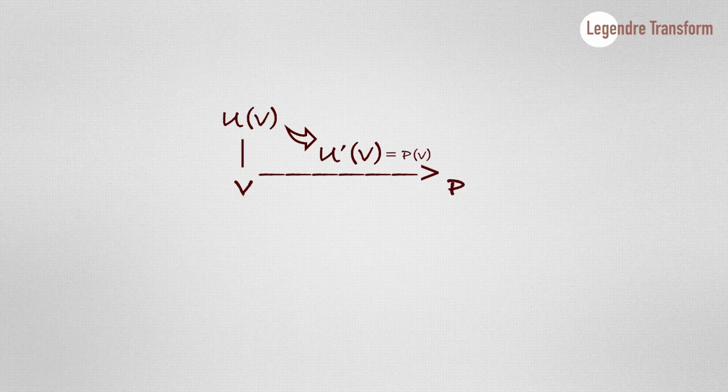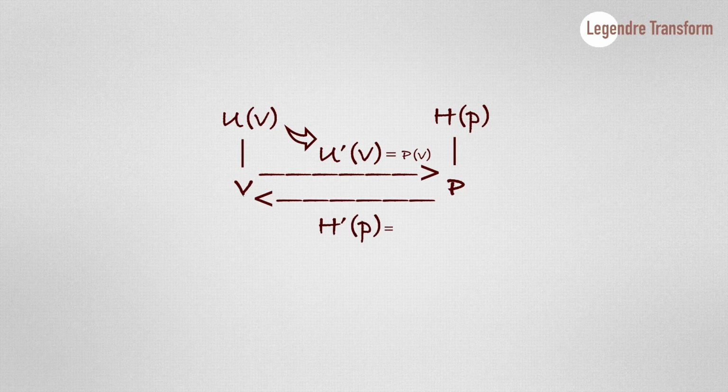So we would want another function, which we don't know what it is, but let's say it's some other function, h of p here, such that its first derivative should give us volume as a function of pressure. And so the first derivative of h should bring pressure back to volume, should be the inverse direction of our change of variable. So now we would like to find h here.